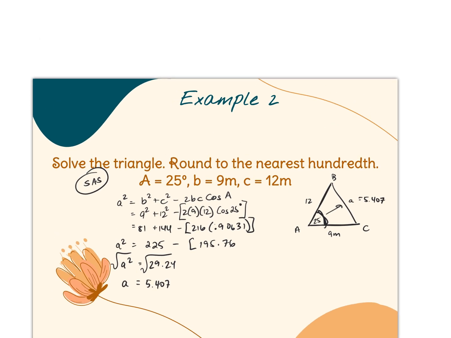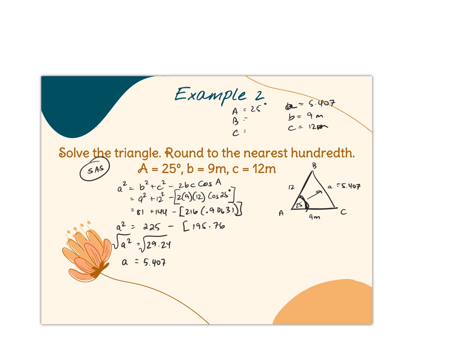When we solve our triangle, we need angle A, angle B, and angle C. Angle A was given to us, 25 degrees. We were given little b, we were given little c, and we just came up with little a. So now I need to find angle B and angle C.